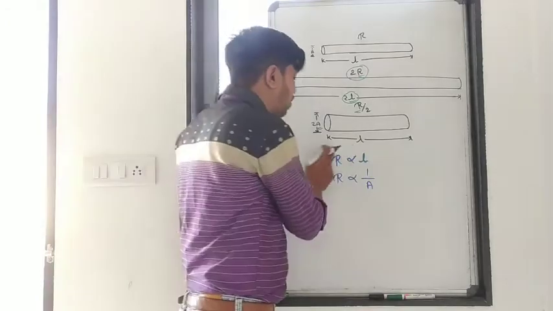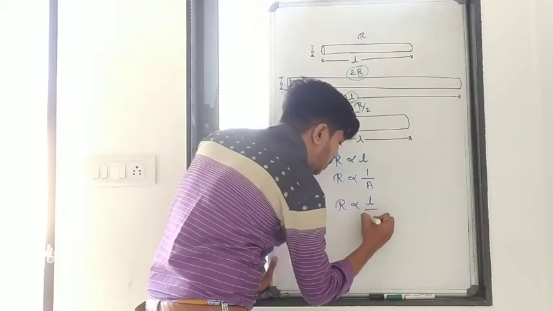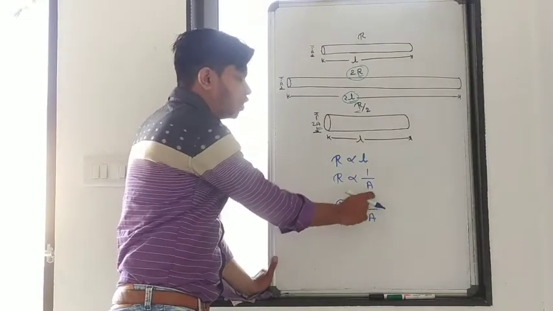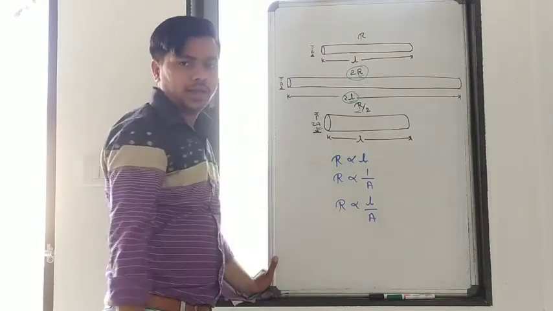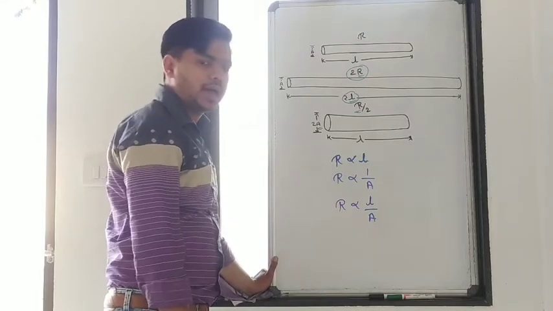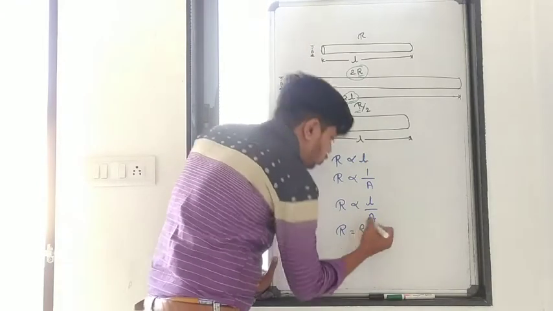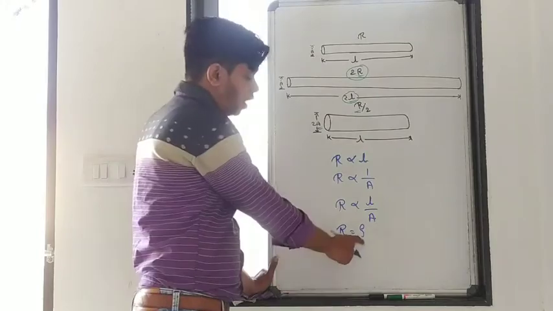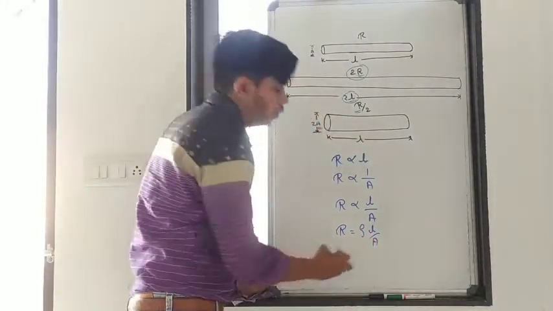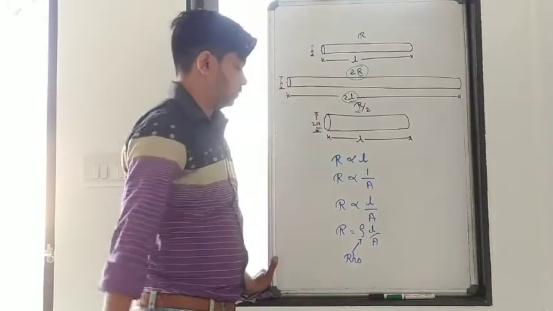So when I combine both of them, I get R is directly proportional to L, but inversely proportional to A. And as I remove proportionality, I have to put an equal sign and a constant. So R is equal to rho L by A. Right?